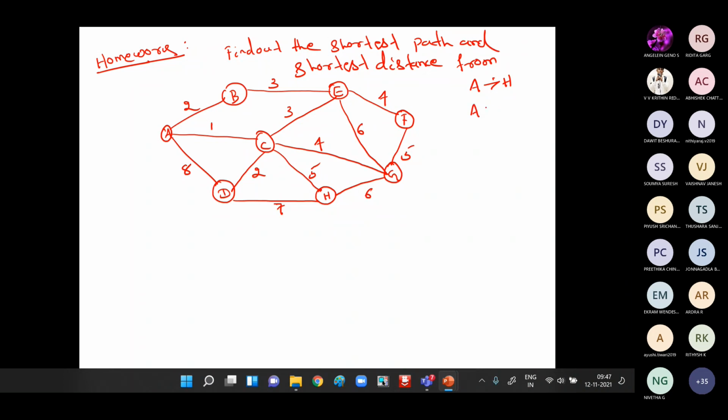And one more, A to E also you find out. A to H, A to E. Guys, from these two topics, Bellman-Ford and Dijkstra algorithm, you may expect a question for 10 marks. This is very, very important and easy also. No need to worry about it, because once you understand the thing, you can easily solve your question.